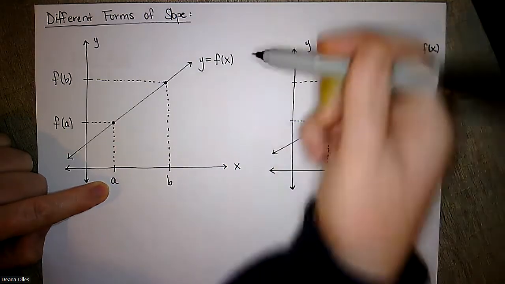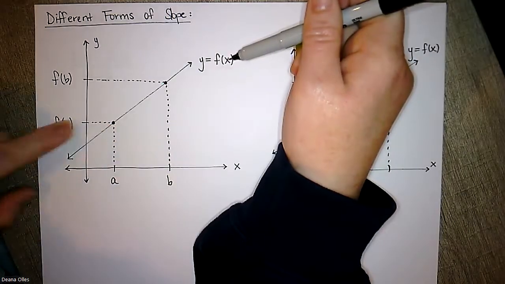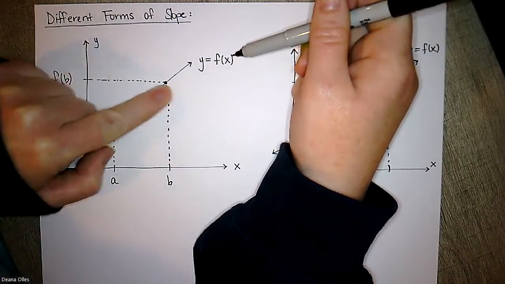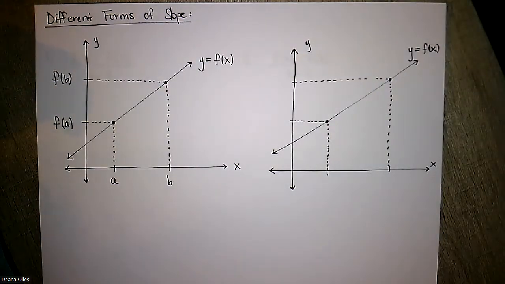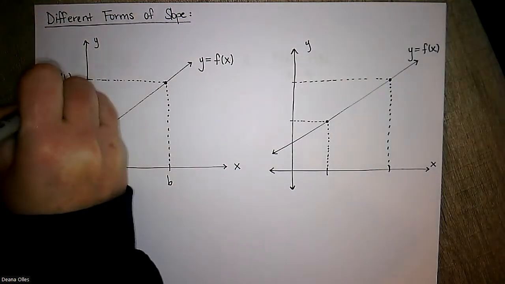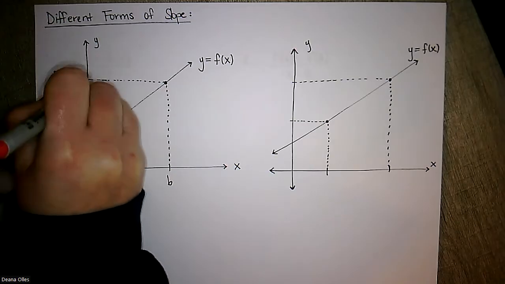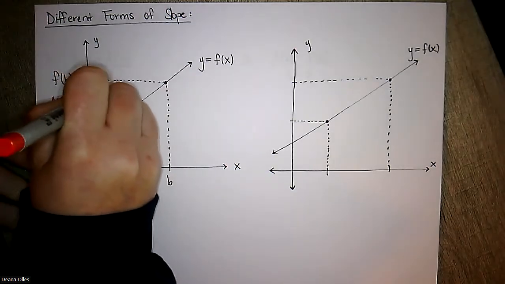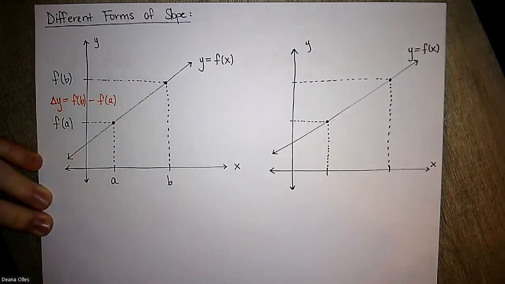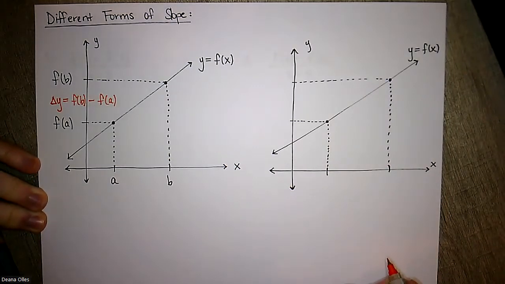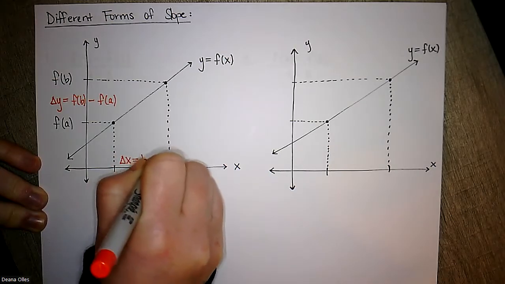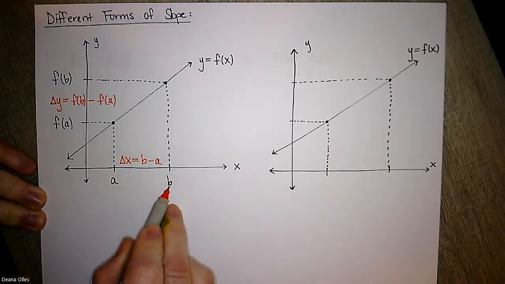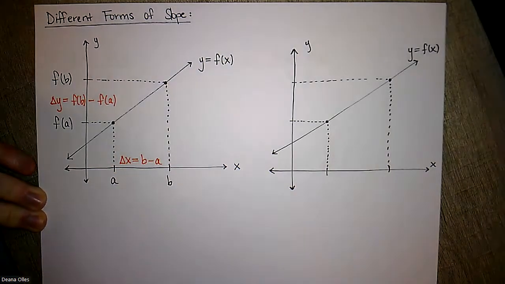And then the y values are the function evaluated at A and the function evaluated at B. And so now my change in y is the difference between f of B and f of A. And the change in my x is B minus A, subtracting B minus A.